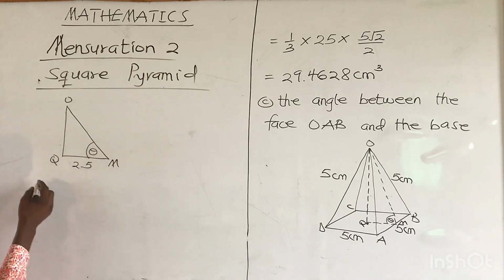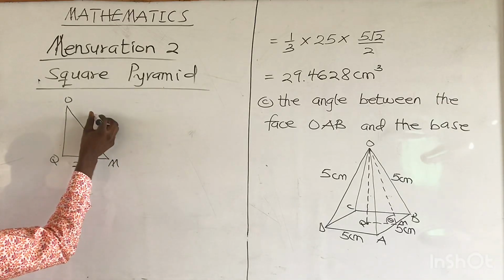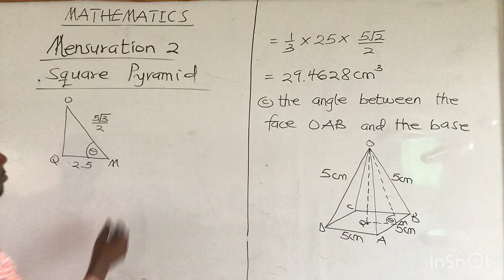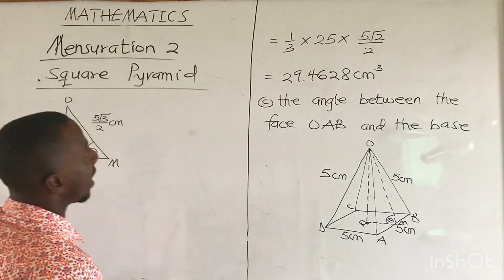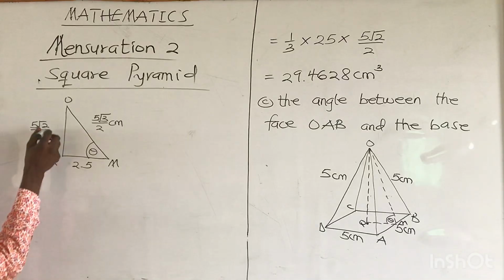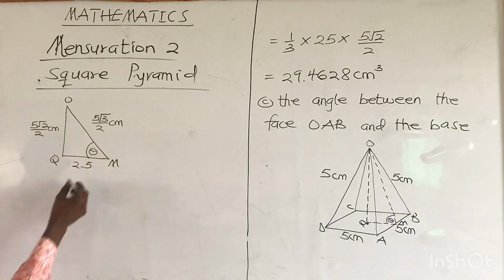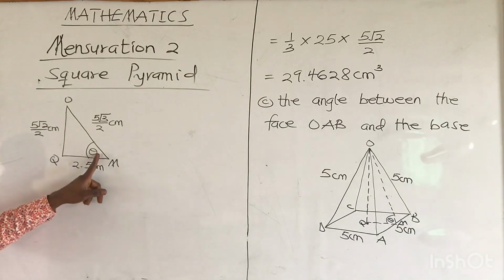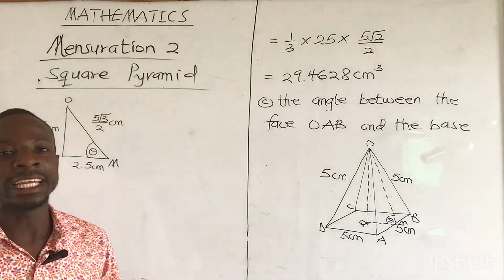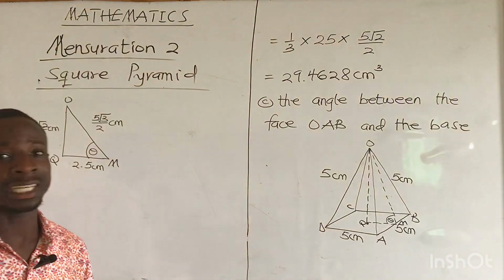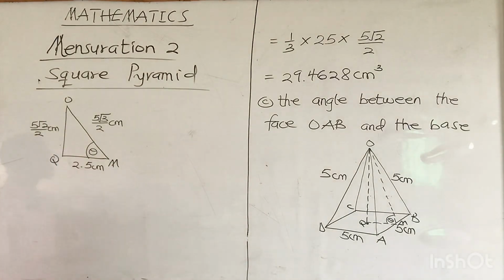Then the height OM, we had 5 root 3 over 2 centimeters, and with the height we had 5 root 2 over 2 centimeters, and here is 2.5 centimeters. So from here we can use any of the trigonometric ratios, either sine, cos, or tan, because all the sides have been given.